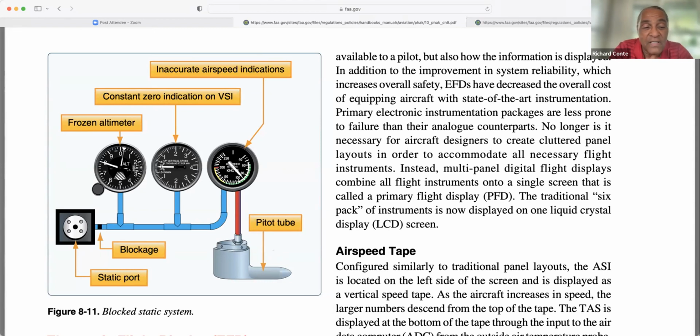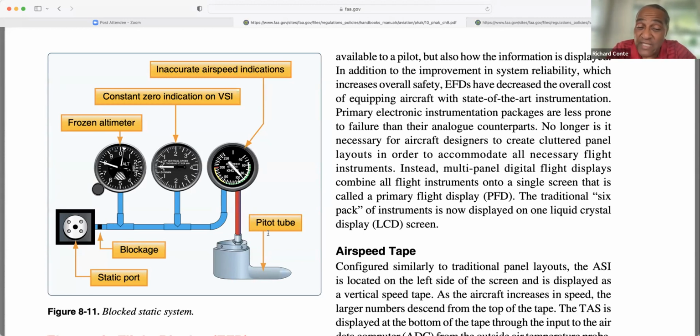Now, you can see how it's hooked up, but let me explain exactly what that does. Each instrument basically compares air within the aircraft and air outside the aircraft. By that I mean, for example, the pitot tube.